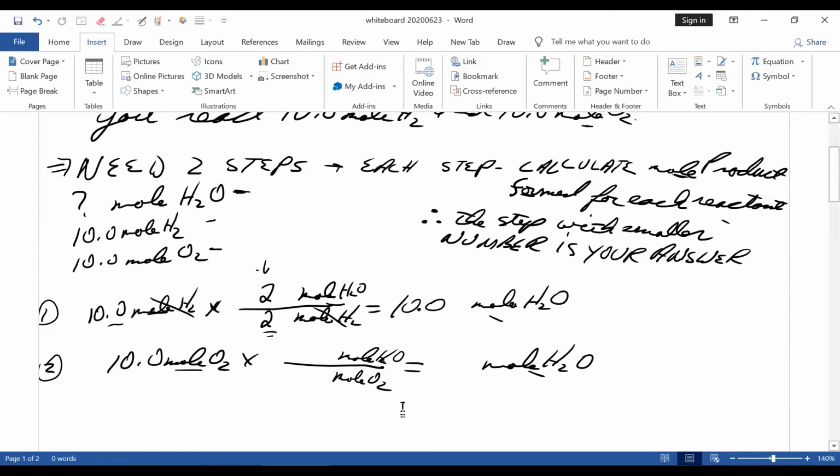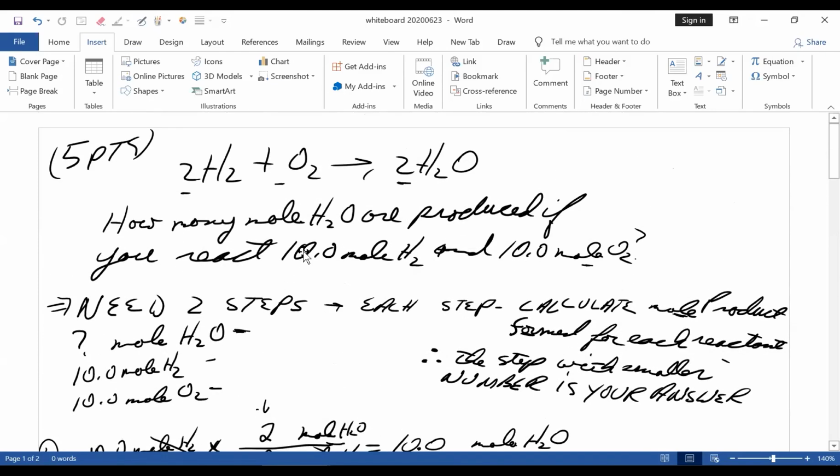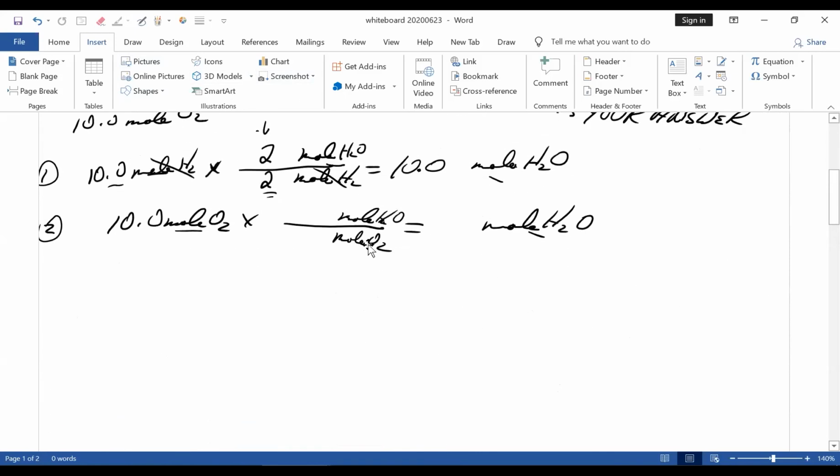And now where do we get these numbers? You look up here and notice for every 1 mole, remember when there's no number here, it's the number 1. For every 1 mole of oxygen, you make 2 moles of water.